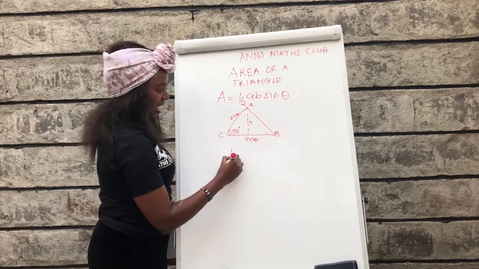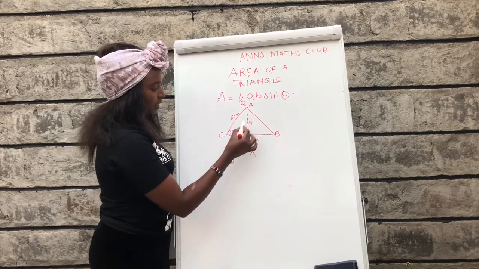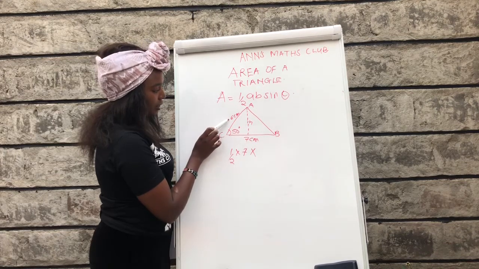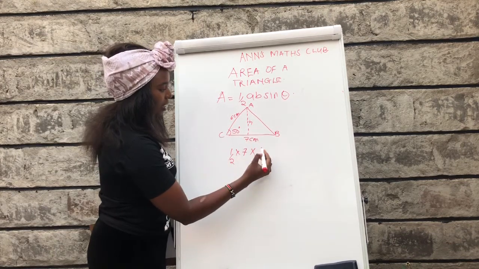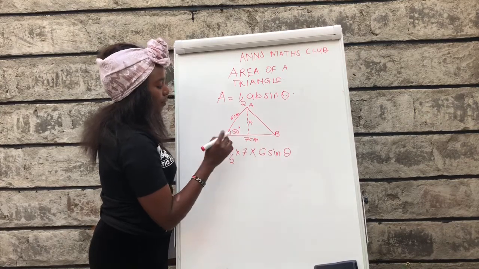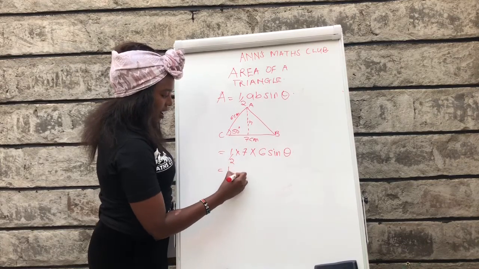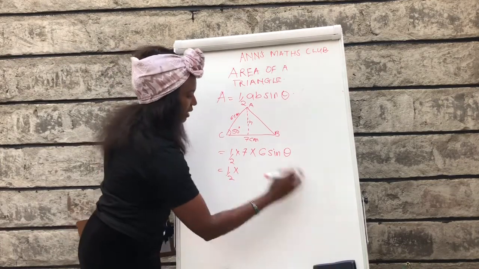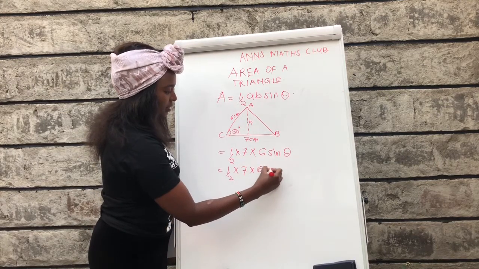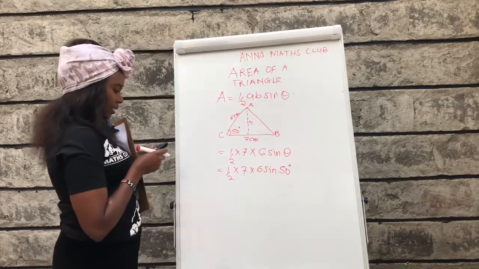So it becomes a half. Our base is 7 times. So for us to find this height, we will find it as 6 sine theta. So our answer becomes a half times 7 times 6 sine 50 degrees.